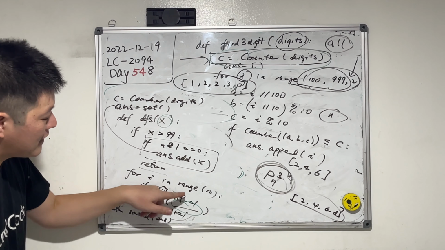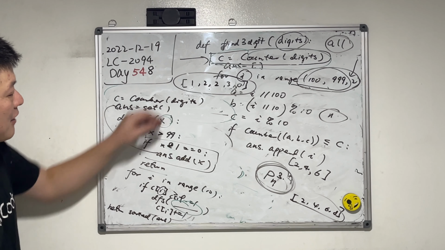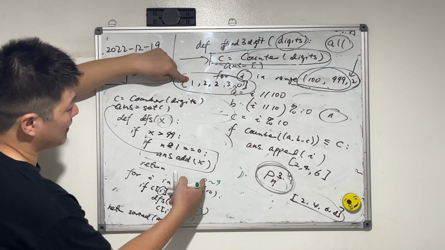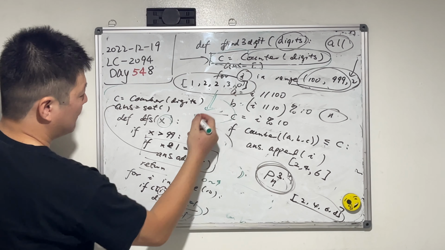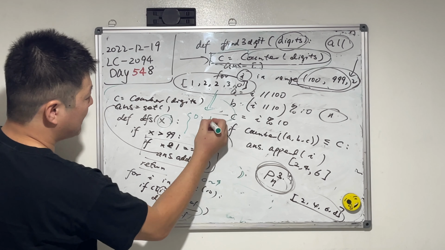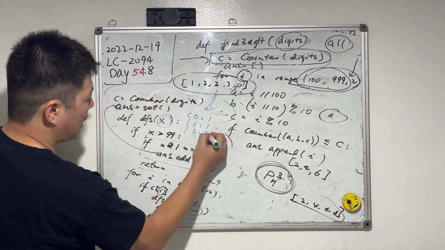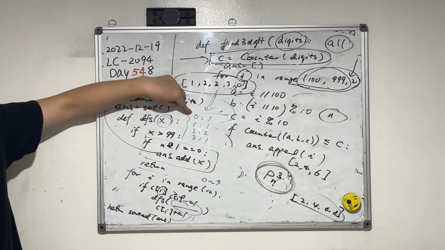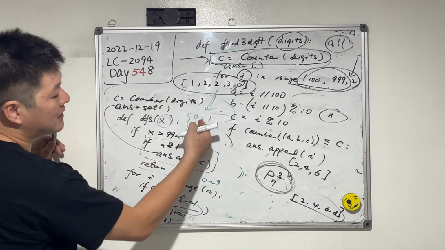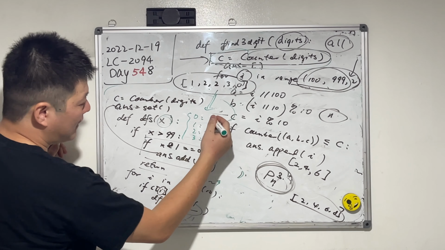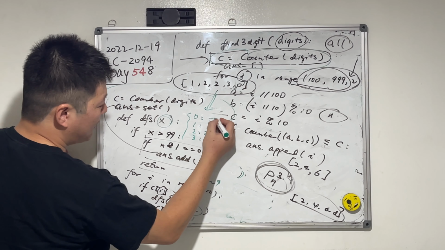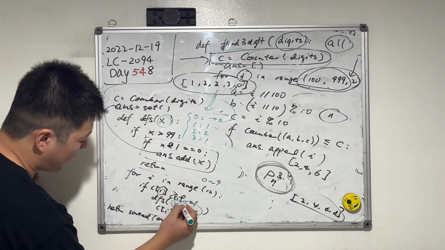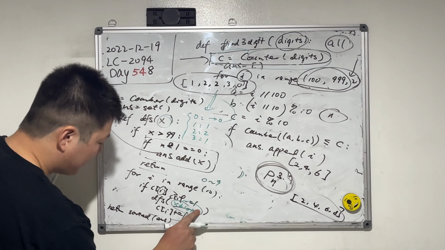If Ci is bigger than 0, it means that in the original number we have enough of that digit. The counter says 0 appears 1 time, 1 one time, 2 one time, 3 one time. So for 0 we have 1 time. That's good, it's bigger than 0. We're using this 0, so we take it and decrement it, and then we depth search. The current number becomes x times 10 plus i.